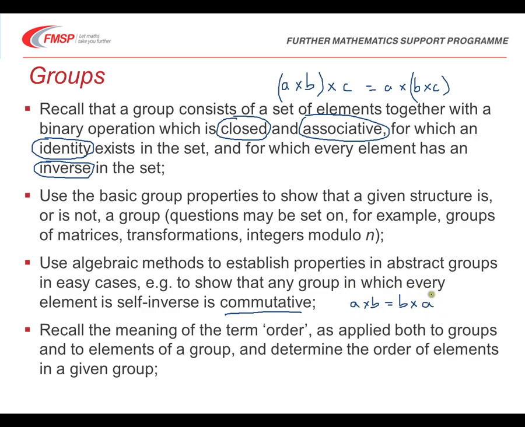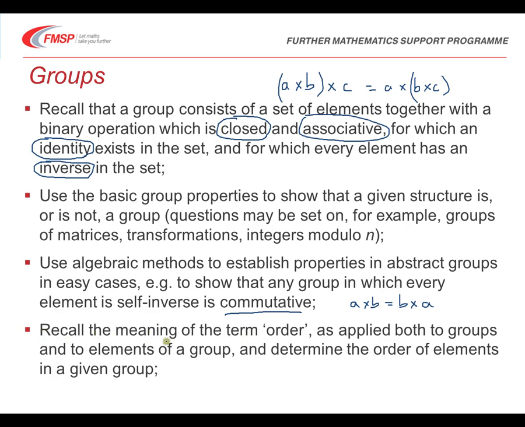If this does hold, then the group is commutative. I tend to think of it as commuting from home to work is the same as commuting from work to home if all I'm interested in is the distance. So I can say the distance of commuting is commutative because it doesn't matter whether I'm talking about home to work or work to home.